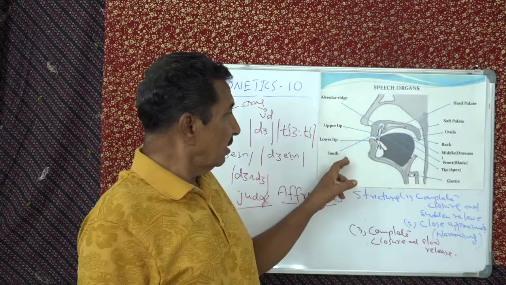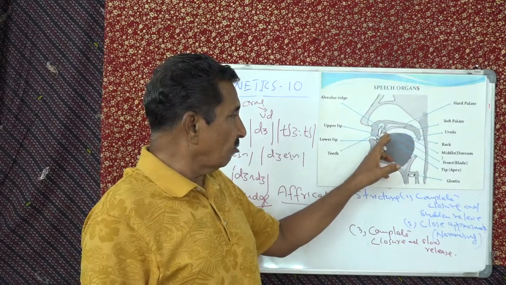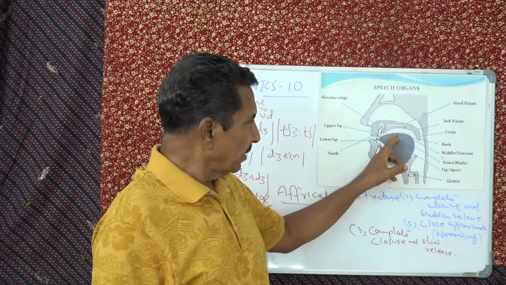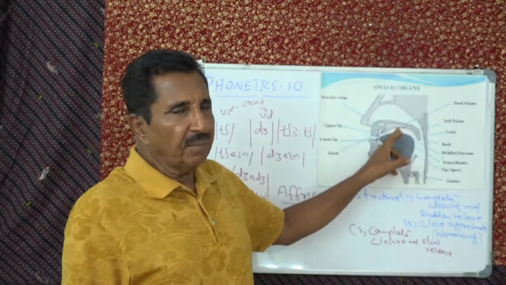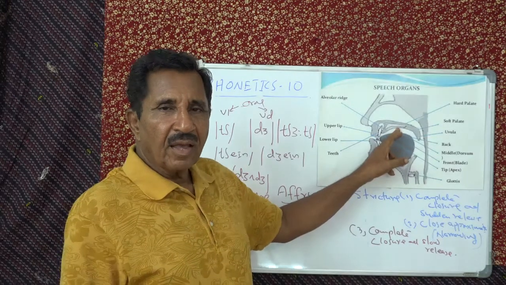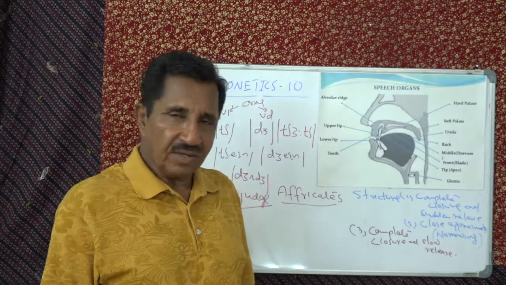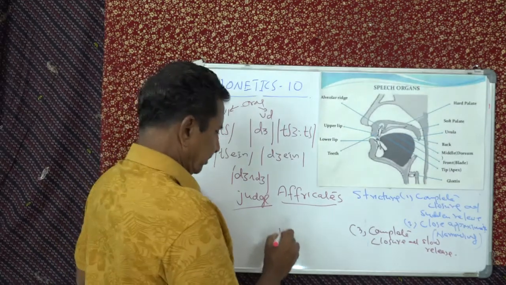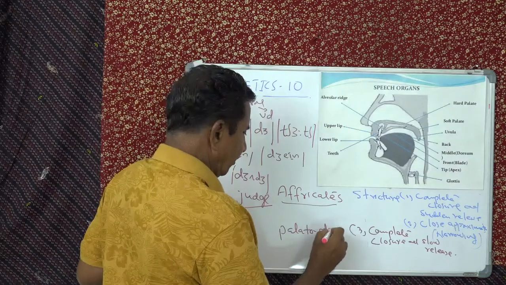Alveolar: the tip and blade of the tongue go to the alveolar ridge, and the middle of the tongue is raised towards the hard palate. Same mechanism as the palato-alveolar sounds. So you call them palato-alveolar.